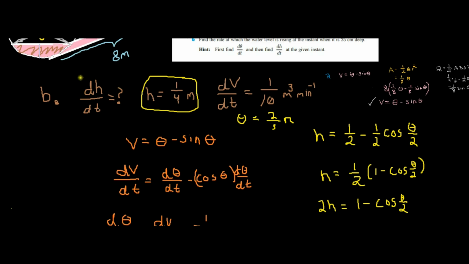So now we know d theta/dt is equal to 1 over 15.